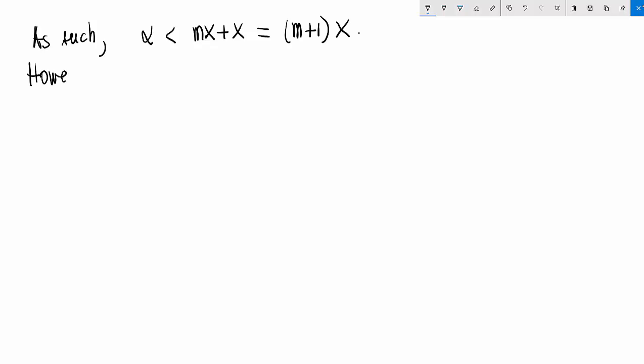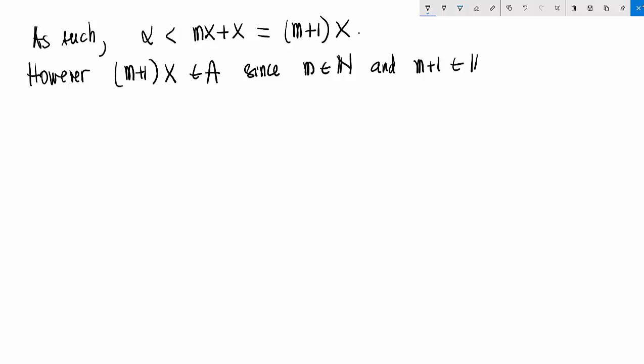However, notice that m plus 1 times x is an element of A, since m is a natural number, and of course m plus 1 is a natural number, and the membership requirement of A is to be a natural number times x, and whatever this number is satisfies that criteria.